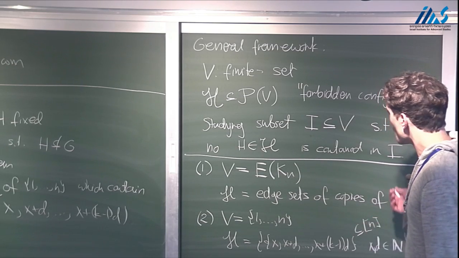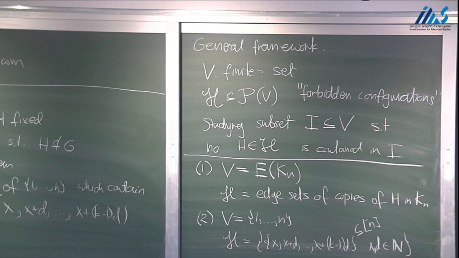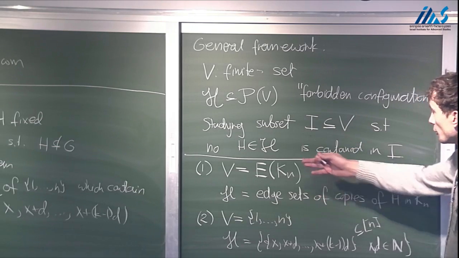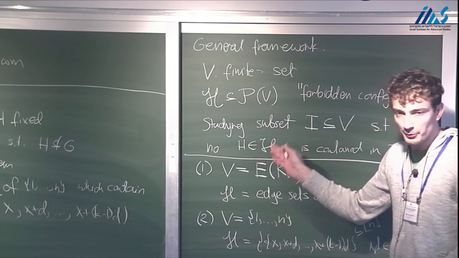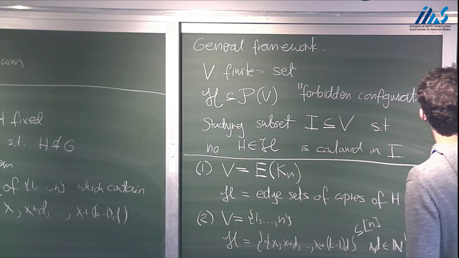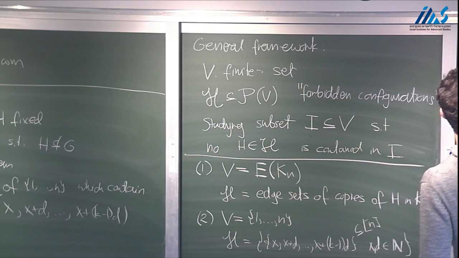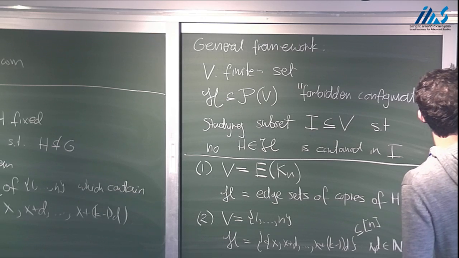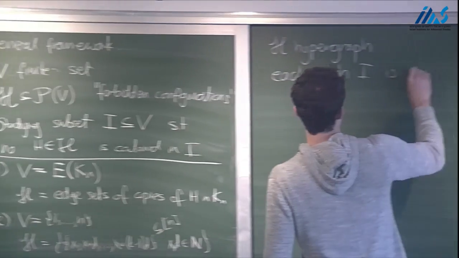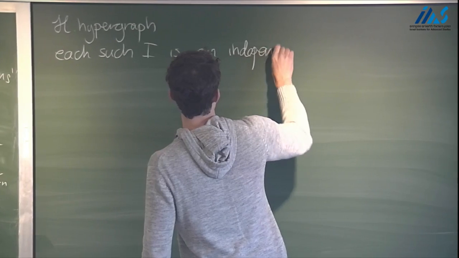So in combinatorics, we often call such families of subsets hypergraphs, and subsets I of the vertex set of the hypergraph, which don't contain any of the hyperedges or edges of the hypergraph, are just independent sets. So H is a hypergraph, and each such I is an independent set.